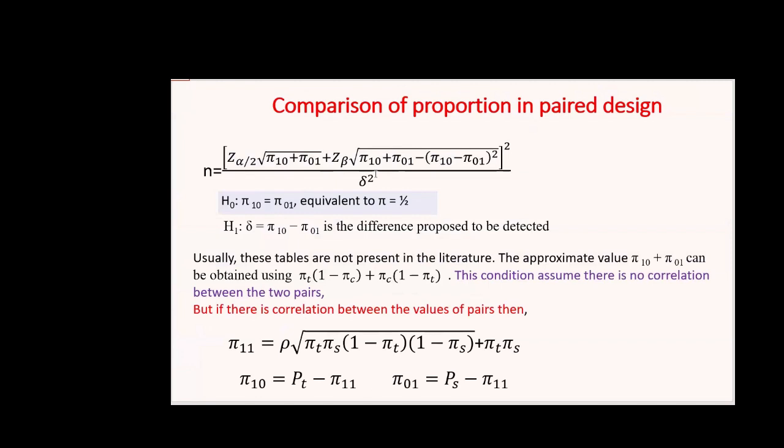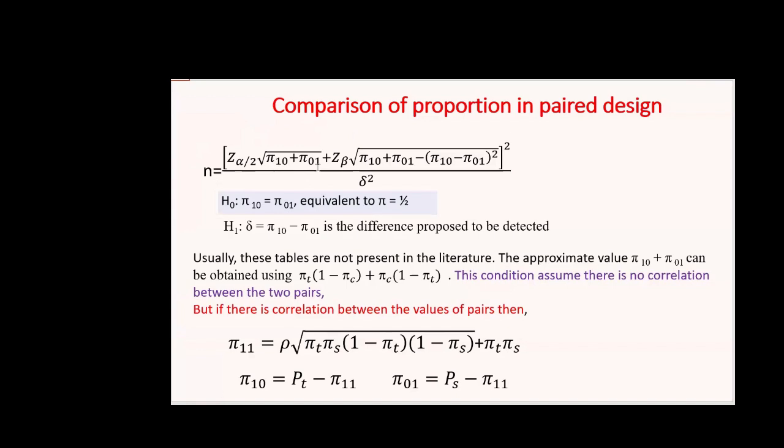But although I explain this formula, if I am not explaining it, then you're not able to find out what input you have to give. So this is the formula you have for calculating for the pair. Here we are taking only the discordant pairs.